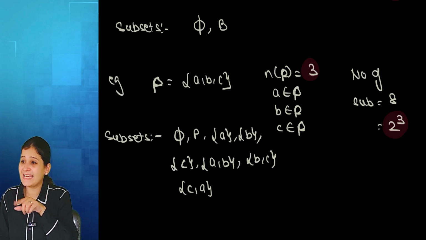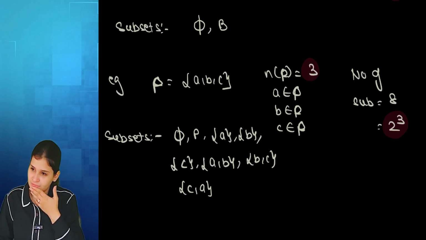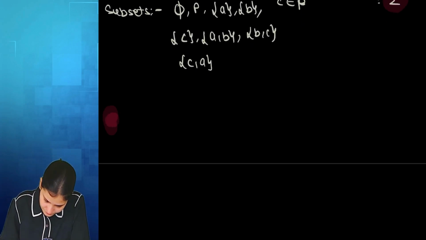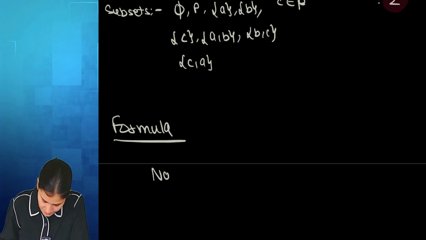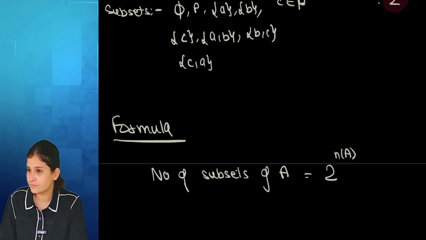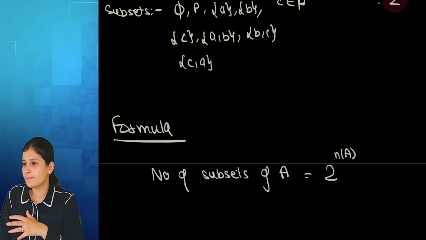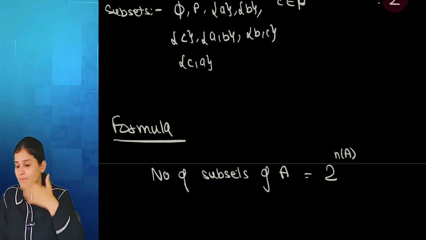If a set has n elements, how many subsets? 2 to the power n. That is your formula. Number of subsets of A is 2 to the power cardinality. Yes or no? The number of elements present goes to the power.